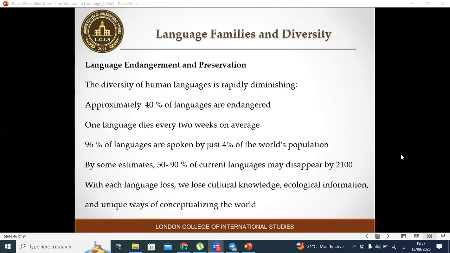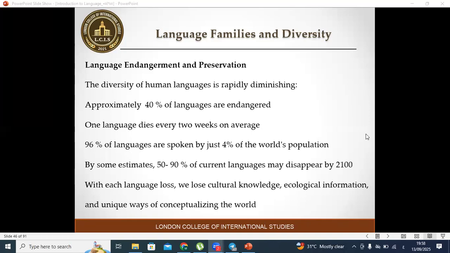Language endangerment and preservation. The diversity of human languages is rapidly diminishing. Approximately 40% of languages are endangered. One language dies every 2 weeks. On average, 96% of languages are spoken by just 4% of the world's population.